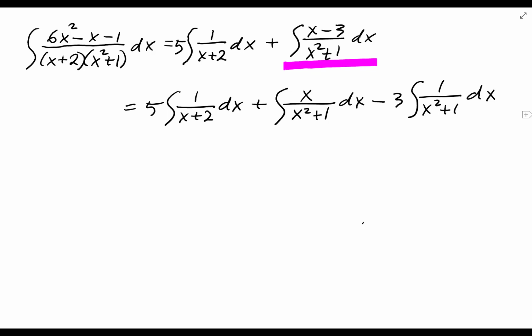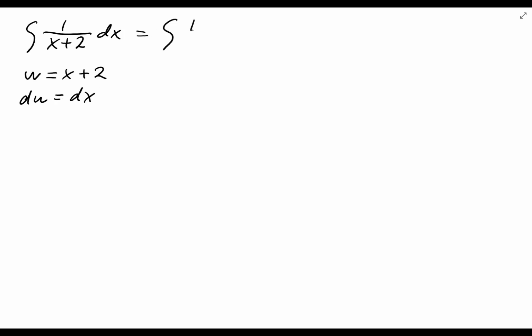1 over x plus 2. This is going to turn out to be a rather simple substitution. w is going to be x plus 2, dw is dx, so this becomes 1 over w dw, which is the natural log of w, which will be the natural log of x plus 2.